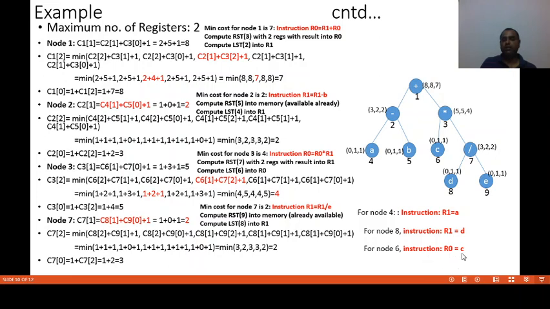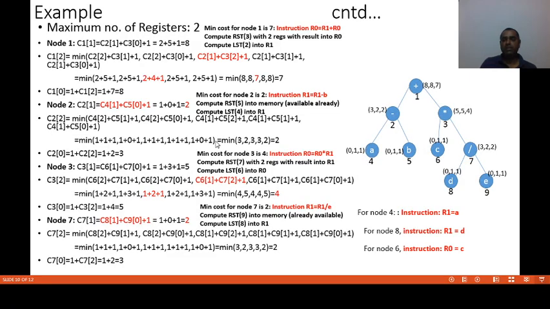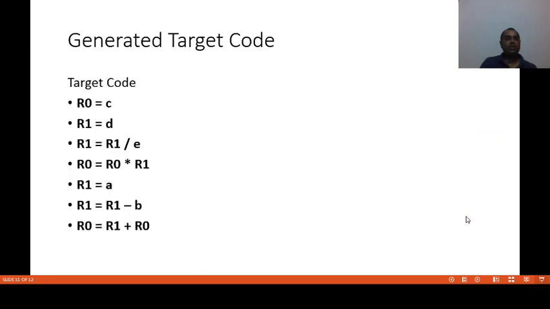So I have to put R0 equal to C. Now, this is the generated target code for the given tree. R0 equal to C, R1 equal to D, R1 equal to R1 divided by E, R0 equal to R0 times R1, R1 equal to A, and in this way, this code is generated.